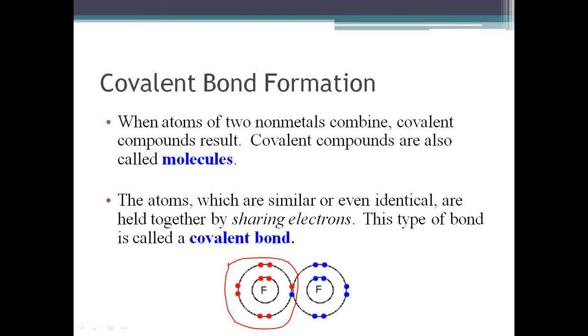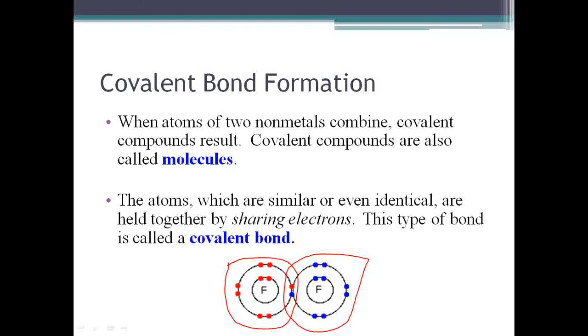In other words, it does have an electron configuration like neon. If you look at this atom here, it's got 2, 4, 6, 8. It's got an electron configuration like neon.